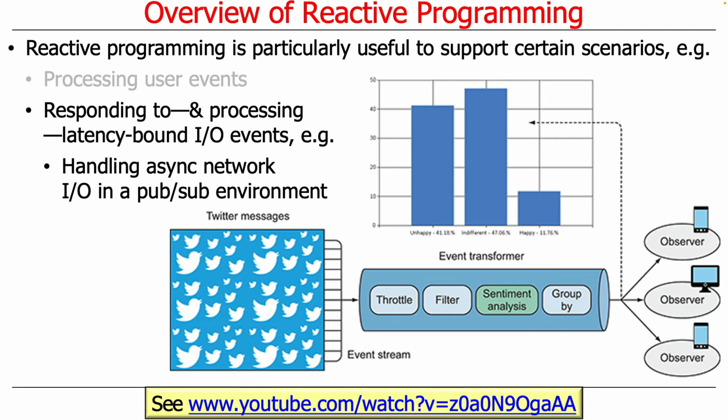So you might have something where you've got Twitter messages, or as they call it now, X messages, that are coming in to some type of sentiment analysis module, and you want to be able to filter the incoming Twitter streams, tweets, analyze it, and then group the results in various ways to graph and disseminate to people who want to see what's trending in the Twitterverse.